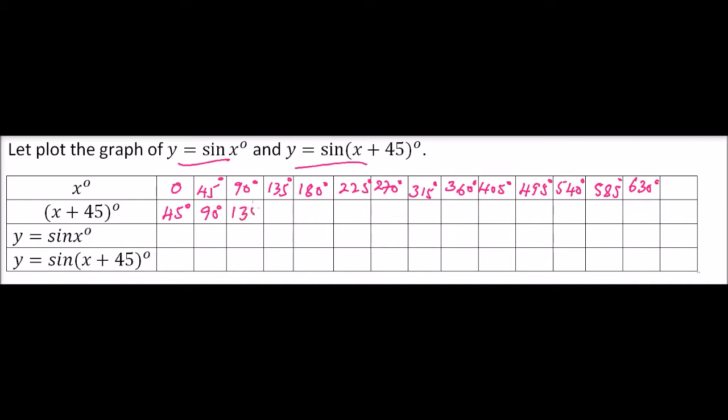Then we have 135, 180, 225, 270, 315, 360, 405, 495, 540, 585, 630. And when you add 45, you get 675.